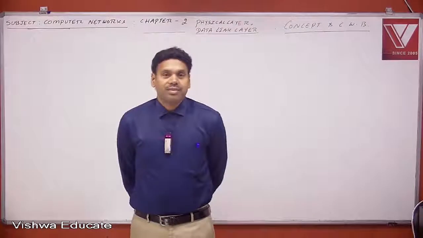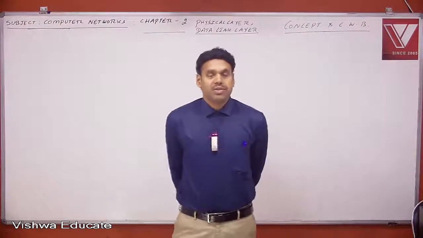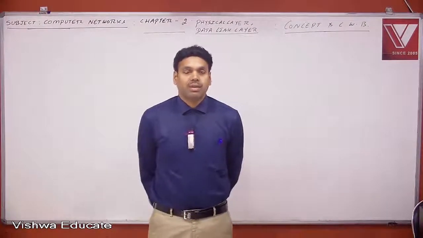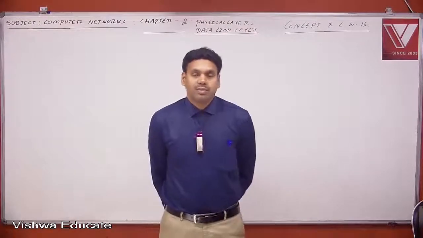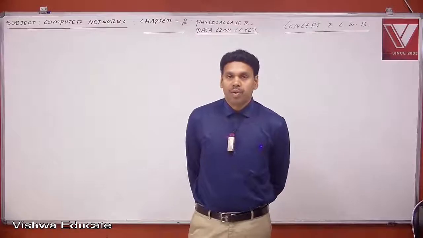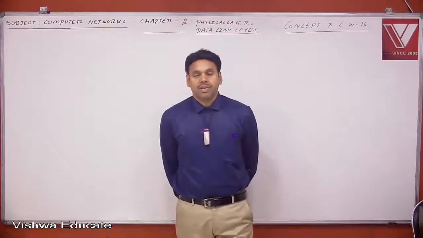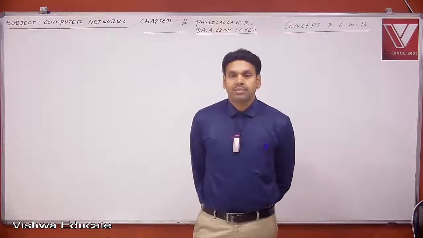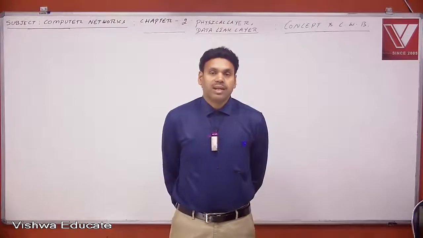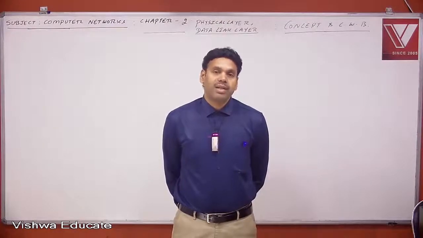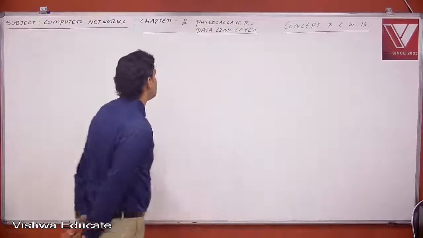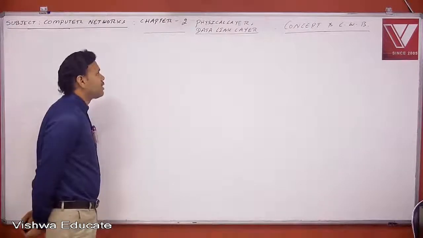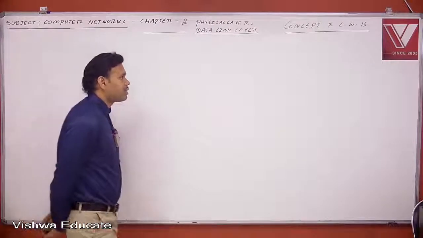Hello friends, welcome back to the sessions of computer networks. In the last sessions we completed chapter 1, which consists of fundamentals, open system interconnection, and layered structure. So we got the second topic, the physical layer and the data link layer.